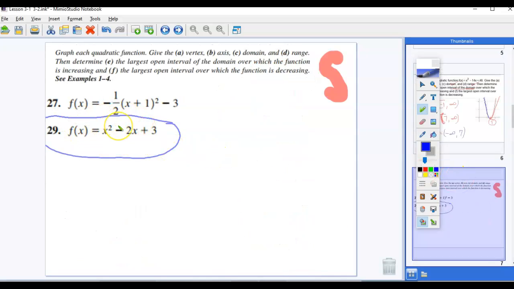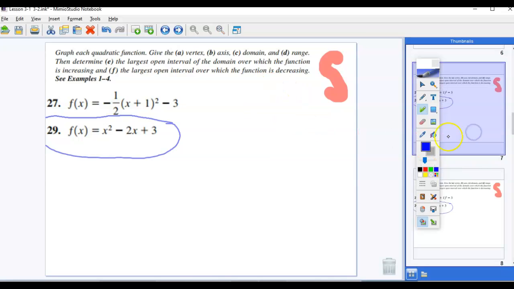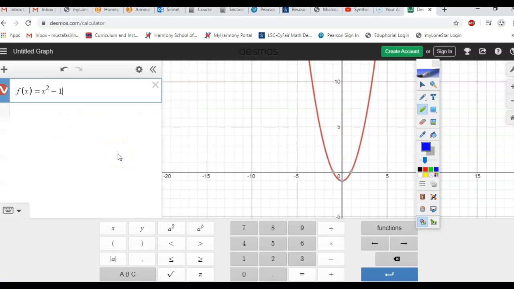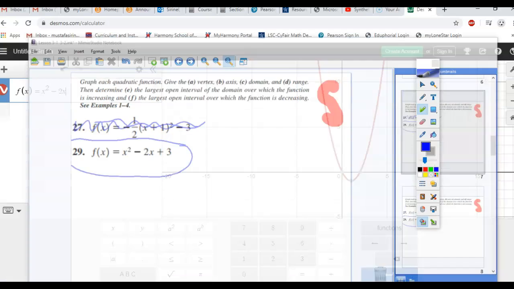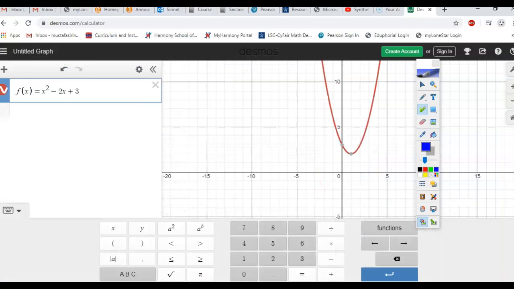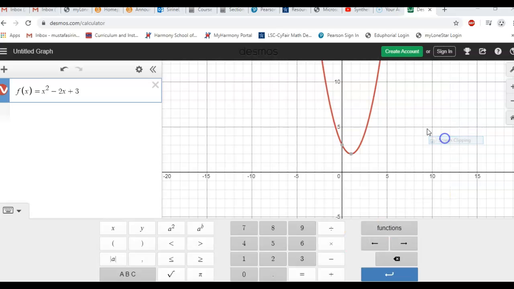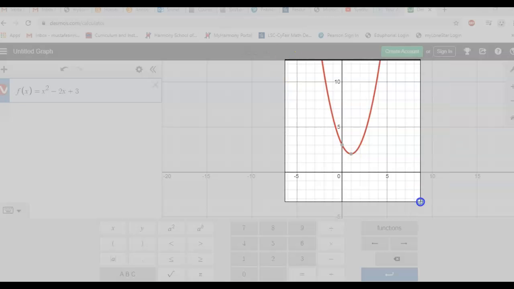Let's say on this one, my first step to find those should be graphing again. Let's graph this first. X squared minus 2x plus 3. Okay, we graph it first. Let me screenshot this. Here we go.